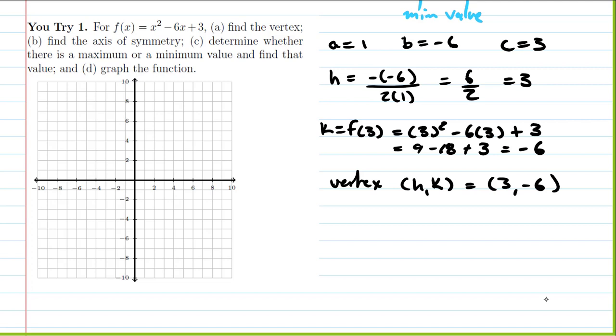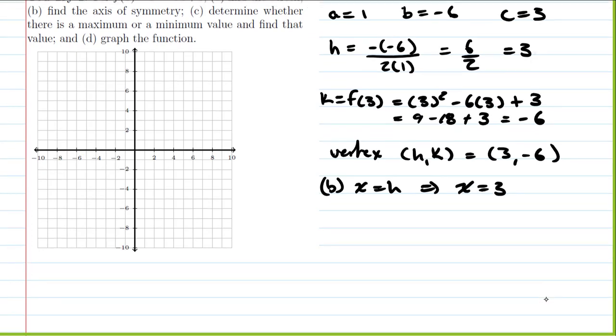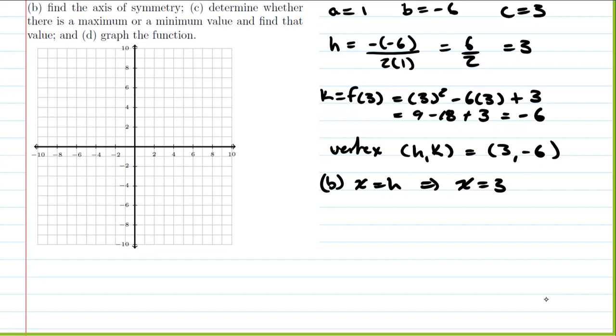So then the axis of symmetry is always just x equals h, and since we found h, it's going to be x equals 3. C, we want to know if there's a max or a min, so we analyze a equals 1, which is bigger than 0. So that tells us our graph is going to be happy, so it's going to open up.